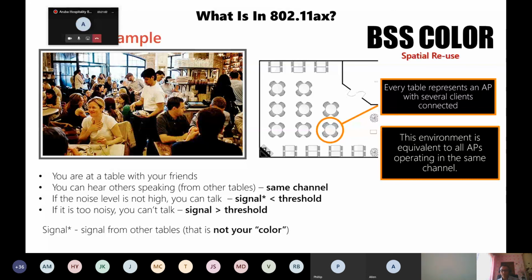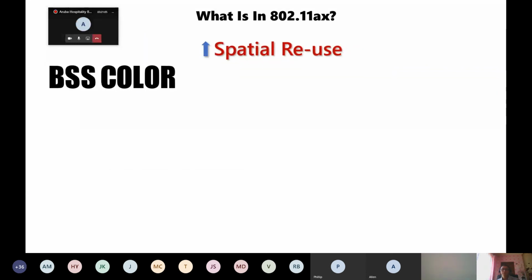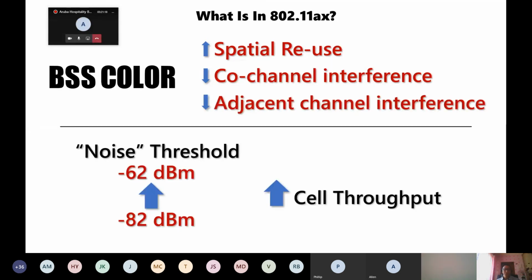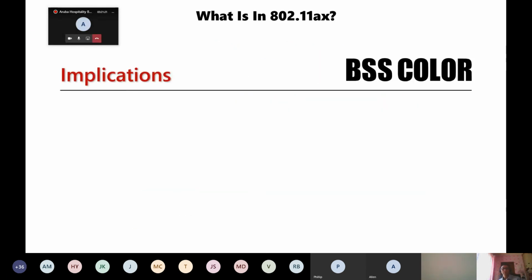But the whole idea is encouraging spatial reuse and reducing the impact of co-channel interference as well as adjacent channel interference. Ultimately, there are some implications, and what these implications are is that 2.4 is back. We can leverage 2.4 and use it better.